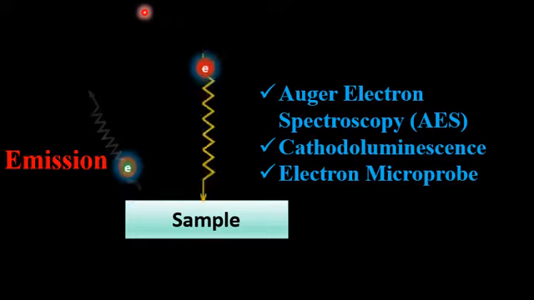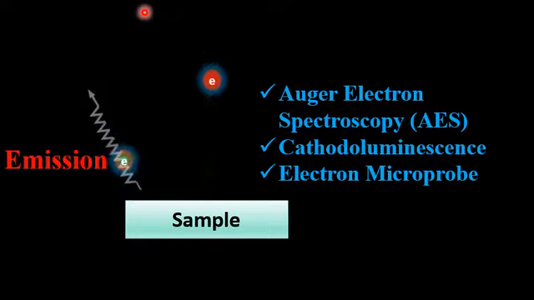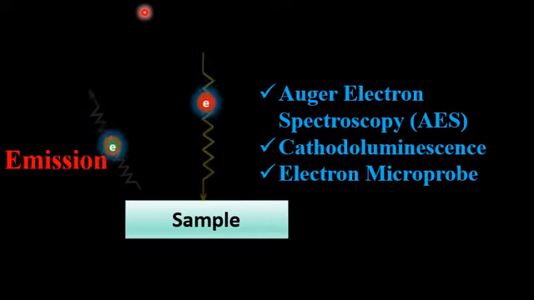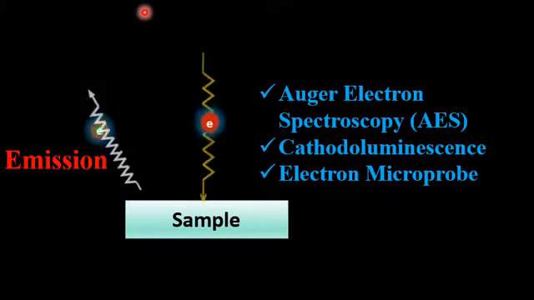Since our lecture is about Auger electron spectroscopy, onward we will discuss how Auger electron spectroscopy is used, what its limitations are, how Auger electrons are produced, and how they are assessed in Auger electron microscopy for elemental and compositional analysis.